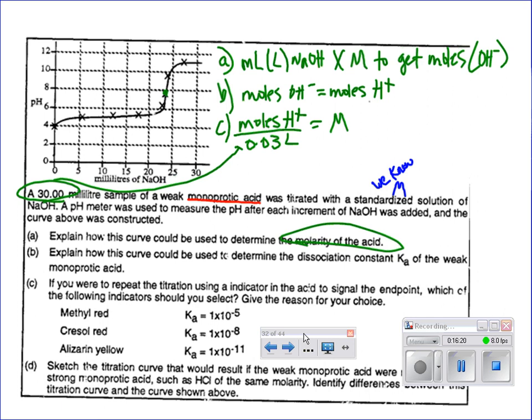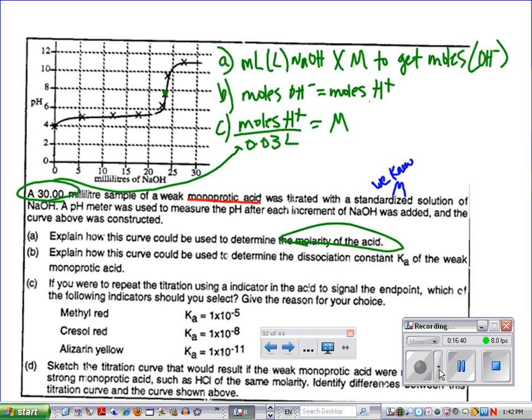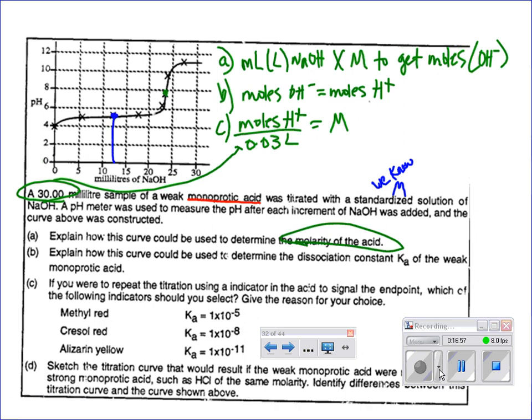Explain how this curve could be used to determine the Ka of the weak monoprotic acid. Not at the equivalence point. So we want to find the midway point or the halfway point, and right now the equivalence point we said was like 24 or something. So where would the midpoint be? At what mL? 12. What's true about the halfway or the midpoint?